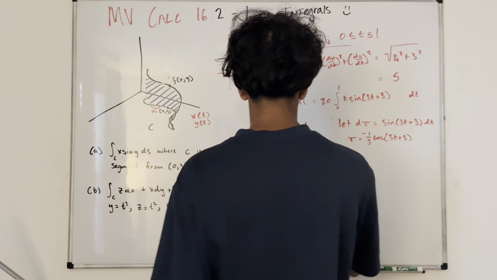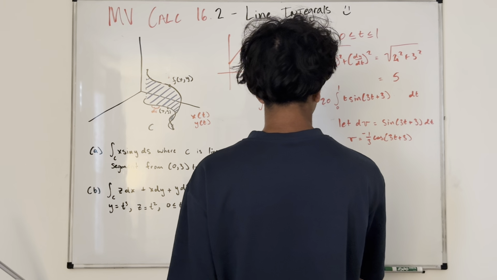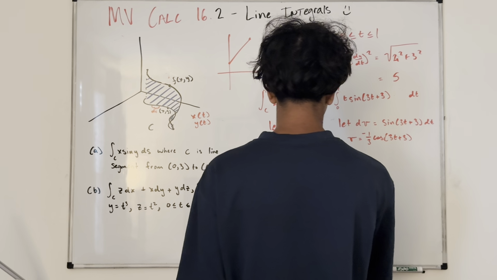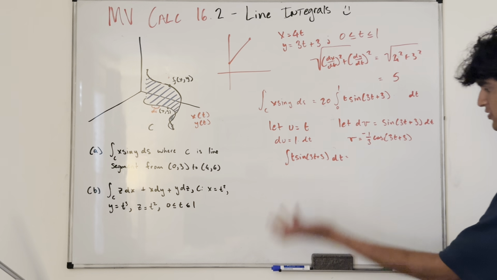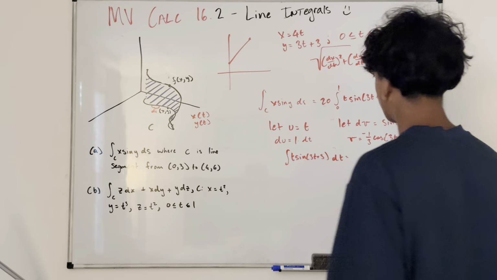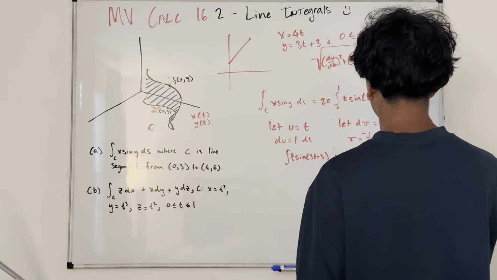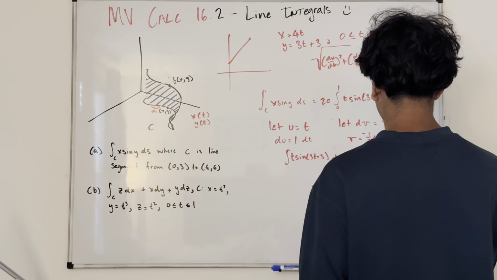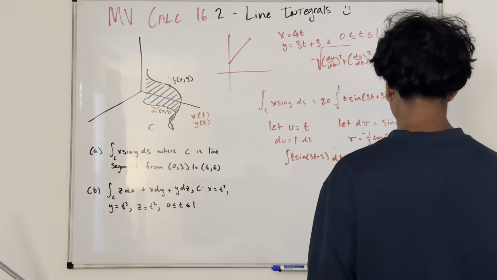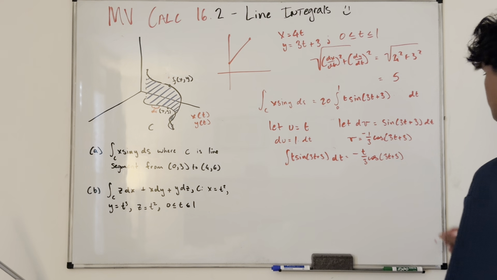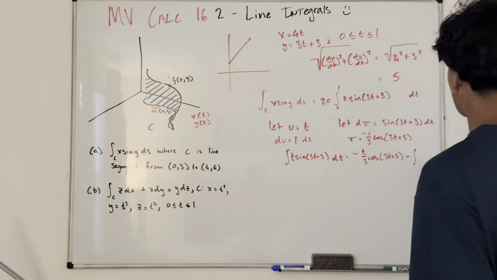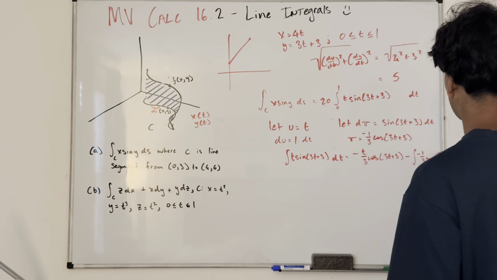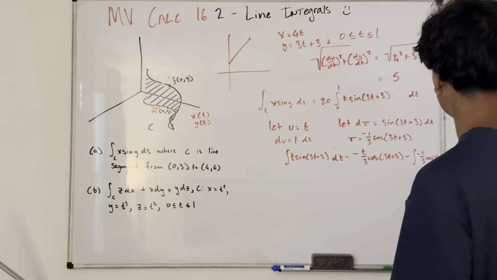So I'm just going to do a general integral of t times sine of 3t plus 3 dt, and this is just the antiderivative, I'm not taking the definite integral yet. It's going to be uv, so negative t over 3 cosine of 3t plus 3, minus the integral of negative 1/3 cosine of 3t plus 3 dt.